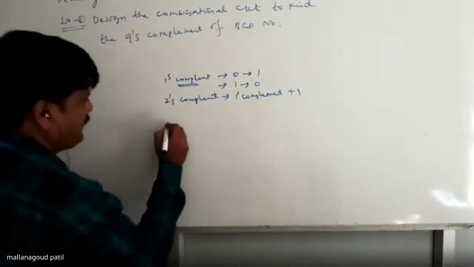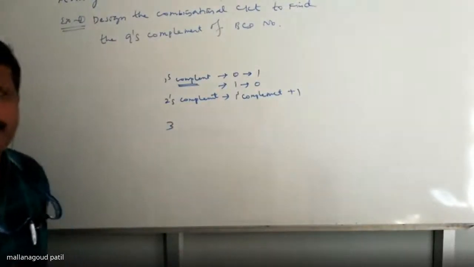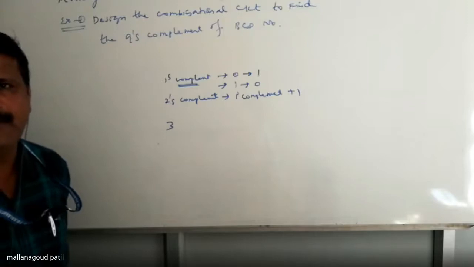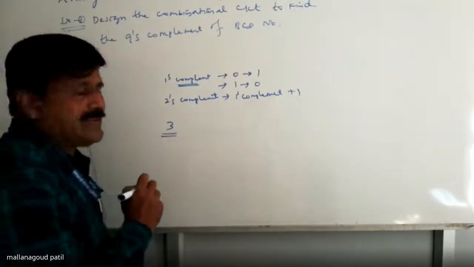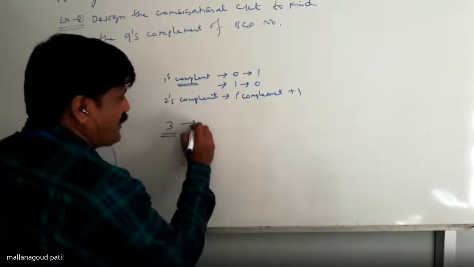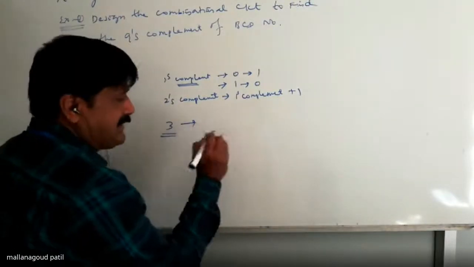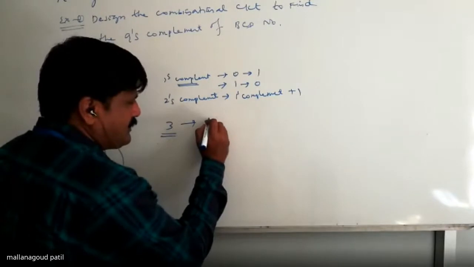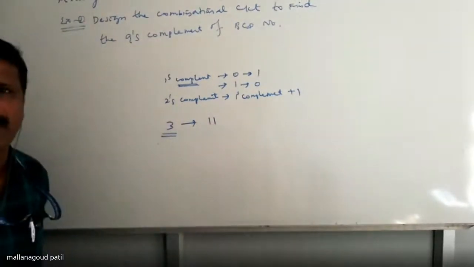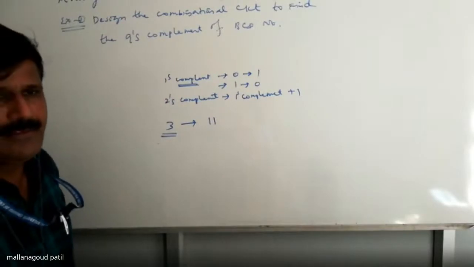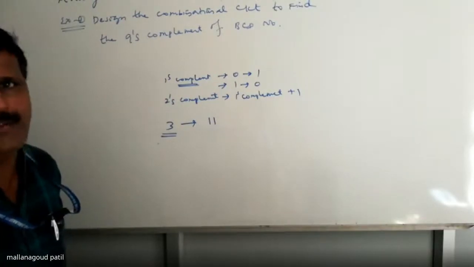Take one example, decimal number 3. How to write the 2's complement of 3? First you do the 1's complement. First you write 3, which is 1 and 1.